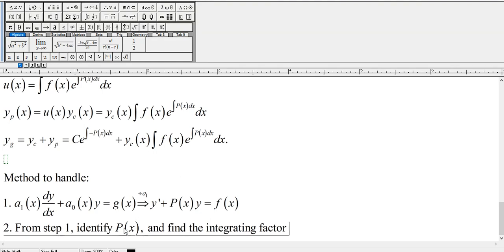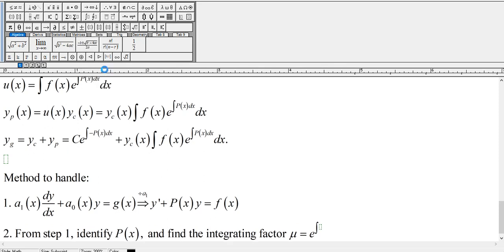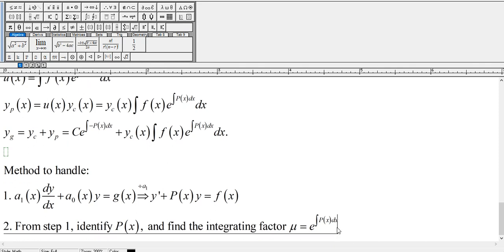And we're going to name this thing right now so I don't have to keep doing this. And I'm going to keep this name. I'm going to name it mu, okay? And mu equals e to the integral of p of x dx, right? And that comes from this right here. That's our integrating factor, right? And now we're going to multiply it against f of x, and we're going to integrate that.